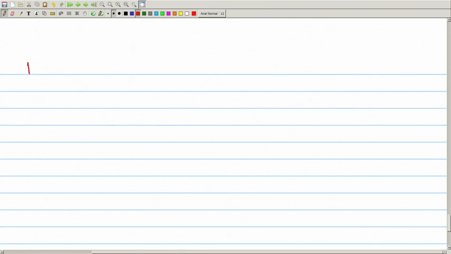So, we are discussing the proof techniques, and in the last lecture we started the indirect proof techniques, and under indirect proof techniques we read the proof by contradiction.